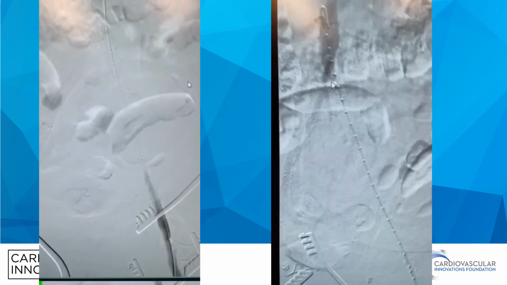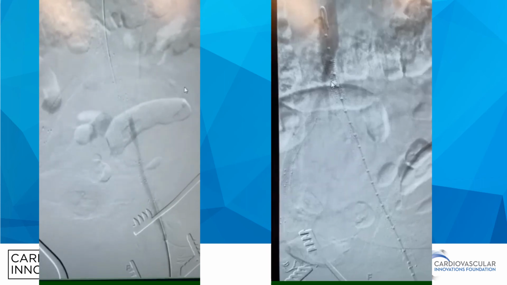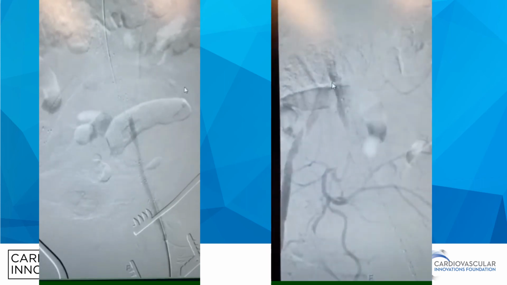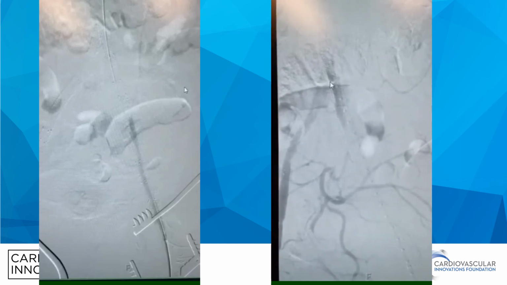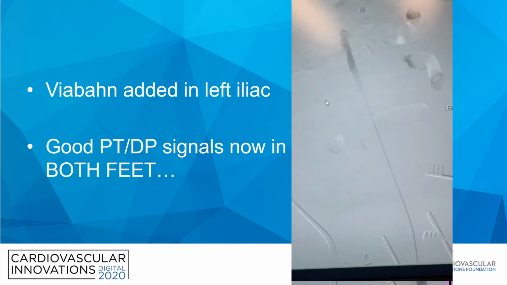And the subsequent retrograde shot and the antegrade shot showed us the culprit was at that area of the stent that had previously been ballooned and was no longer good through this. A Viabahn was added in the left iliac with a good result. This is a retrograde shot from the groin with very brisk filling. Finally, good PT and DP signals are now noted in both feet.